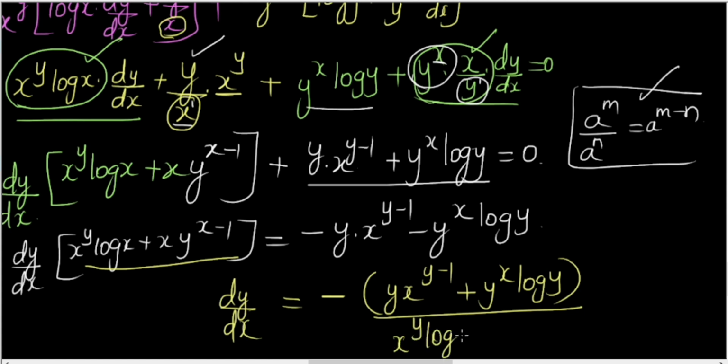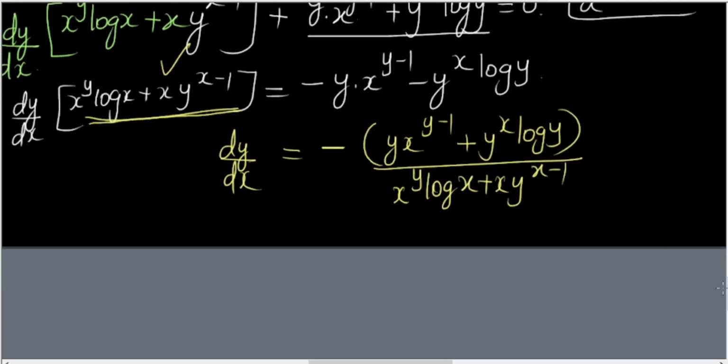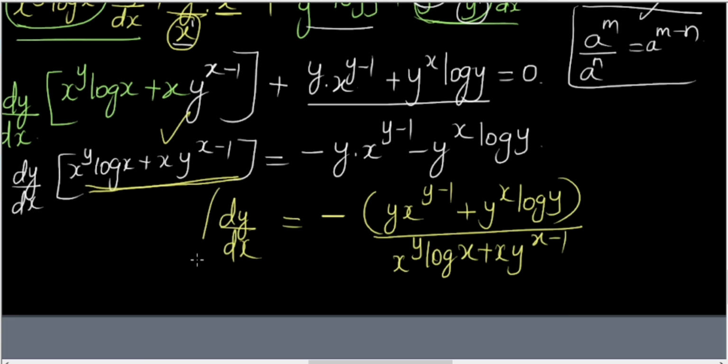So x to the power of y log x plus x y to the power of x minus 1. Because this expression is in the product form with your dy over dx, while we are moving this on the other side, it will become the denominator. We are undoing the operation. So this is our final answer.